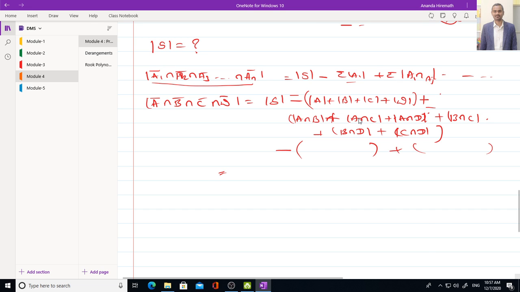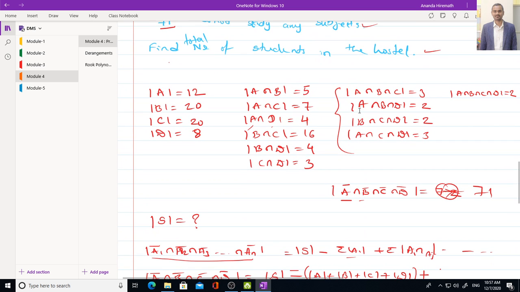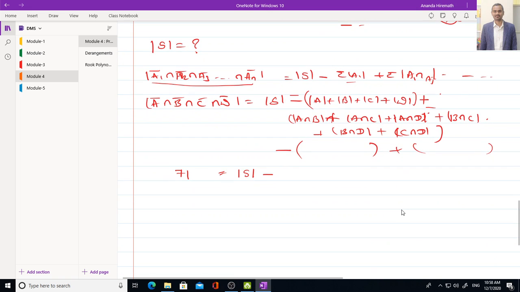So let us write directly, this is given 71, this is unknown quantity, minus combination of ones, so let us consider this cardinality of A, B, C, D individually. So what I can do, 12, 20, 20 and 8. Next plus, then combination of twos and addition of it.